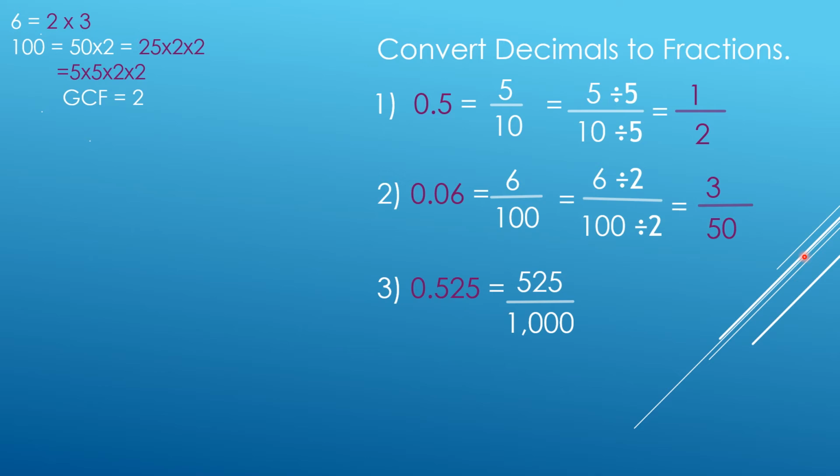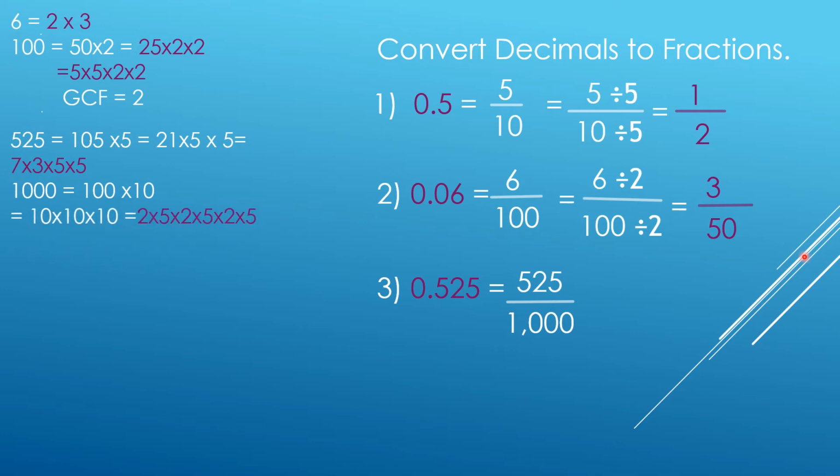You can divide this by 25, or you can also divide both numerator and denominator by 5. But once you divide by 5, the result will not be in lowest term yet, and then you can divide it again. But 25 will be the greatest common factor here of 525 and 1,000.